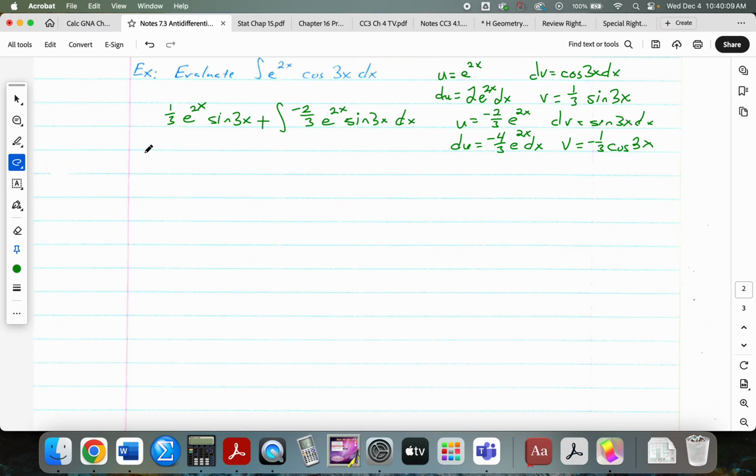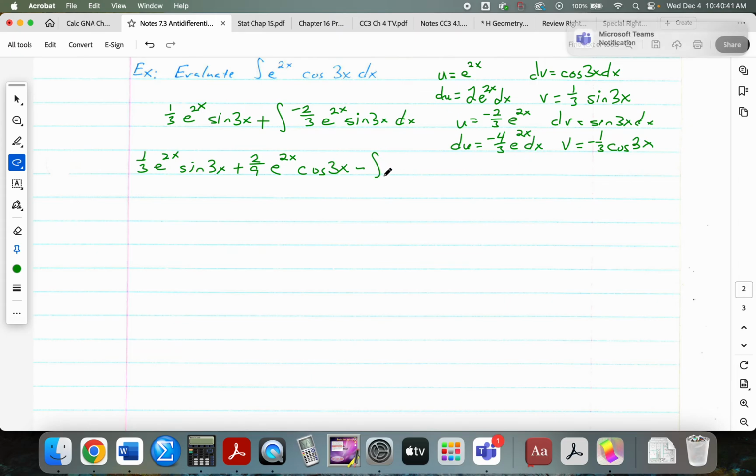So now I have 1/3 e to the 2x sine 3x plus u times v. They're both negative, so this is going to come out to be positive 2/9 e to the 2x cosine of 3x, minus the integral of v times du.